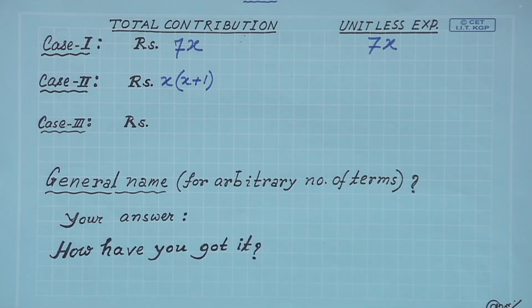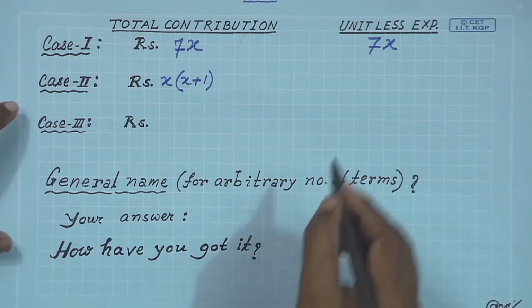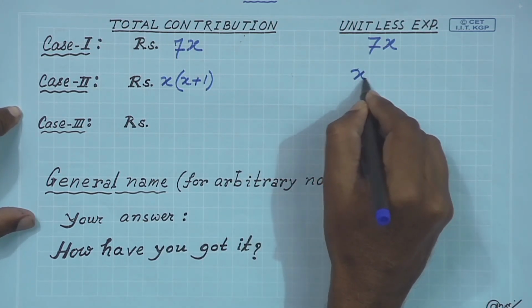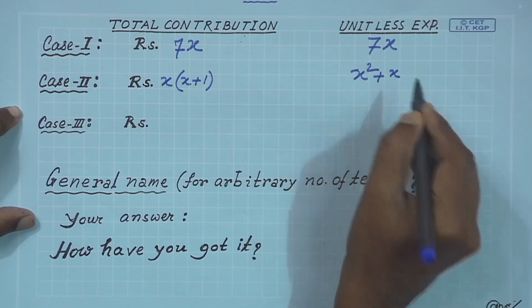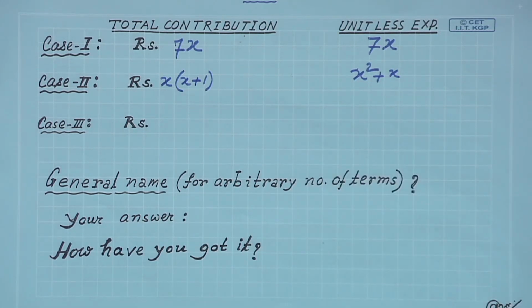After simplifying and neglecting the unit, we get x square plus x. Here we have two terms: one is x square and the second is x.